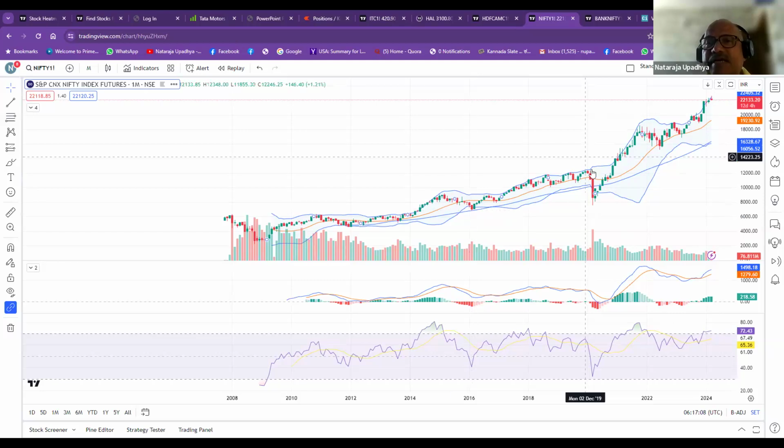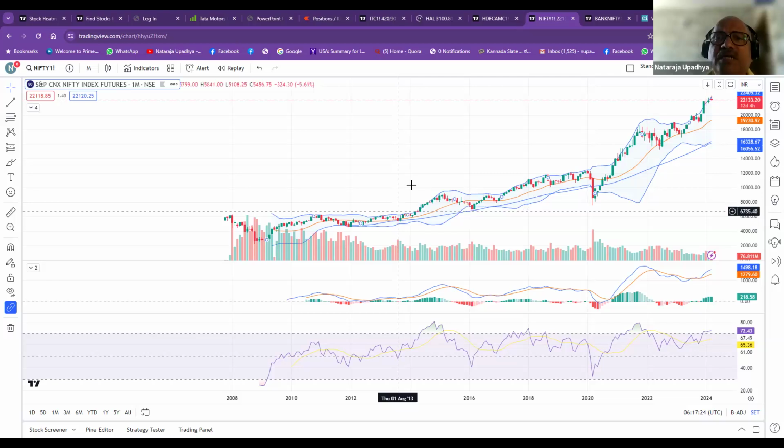There have been corrections, but the long-term view of the market is that it keeps going up even with corrections. That's why they say, as a beginner, you have a better chance with long-term bets than short-term bets.